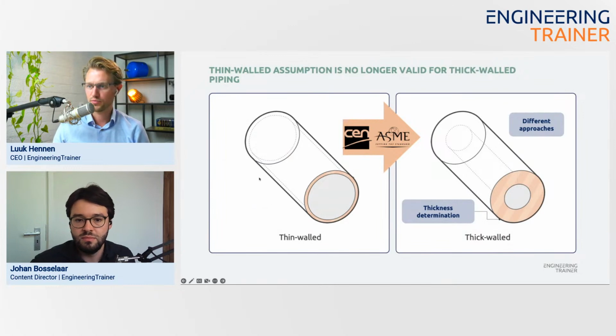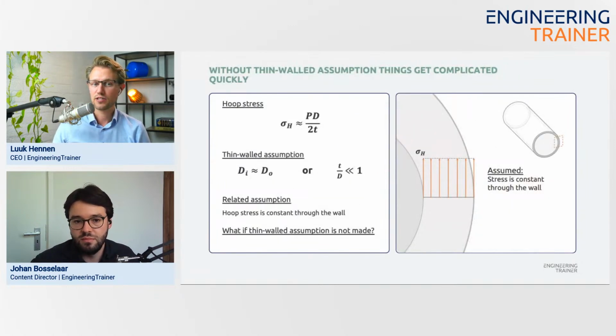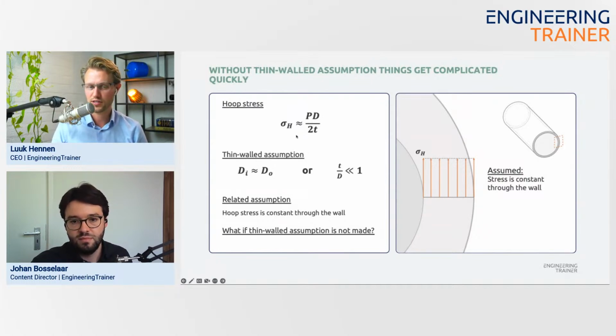All right, let me jump one slide. Just to give a brief introduction, I think most people that work with pipe stress have seen the equation at the top here. The hoop stress is the pressure times the diameter divided by 2 times the thickness, and we derived that in one of the other modules.